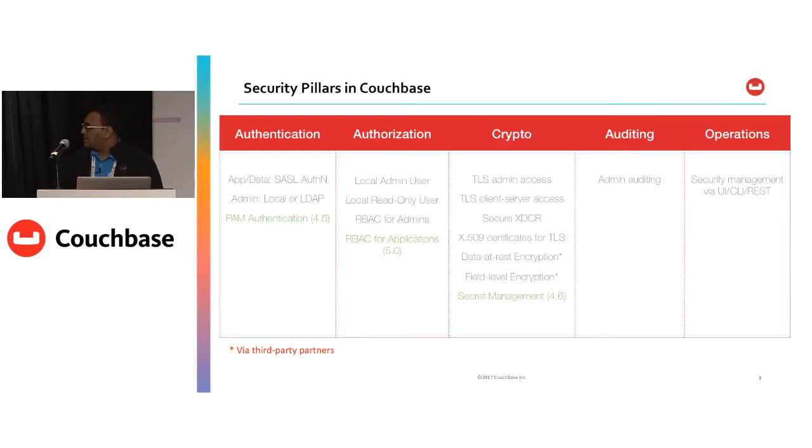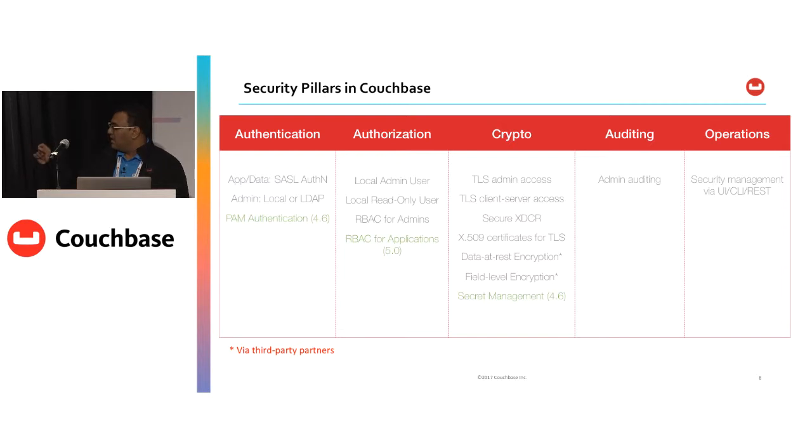Security has been an area where we have continuously invested for many, many releases in Couchbase, and we'll continue to do so. What this slide shows at a high level is the 5 pillars of security: authentication, authorization, crypto, auditing, and operations. You'll see different features in each of these buckets.